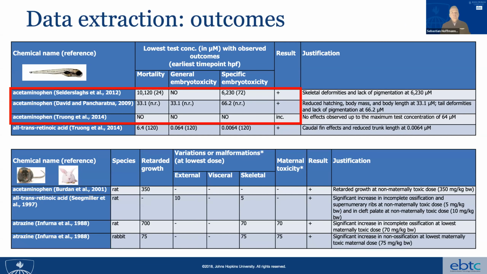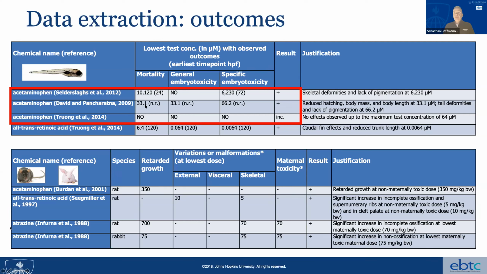And the same happened on the outcome level. Again, this is just a snippet of a rather long table on top. And you see that in the red rectangle, there are 3 studies on acetaminophen, and they differed quite considerably in their results. You see here the 3 buckets of outcome categories: mortality, general, and specific embryo toxicity.